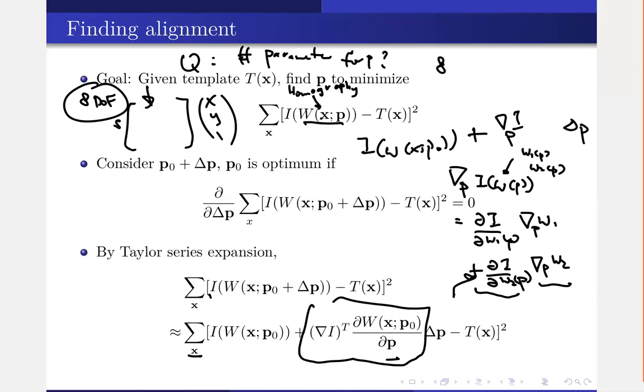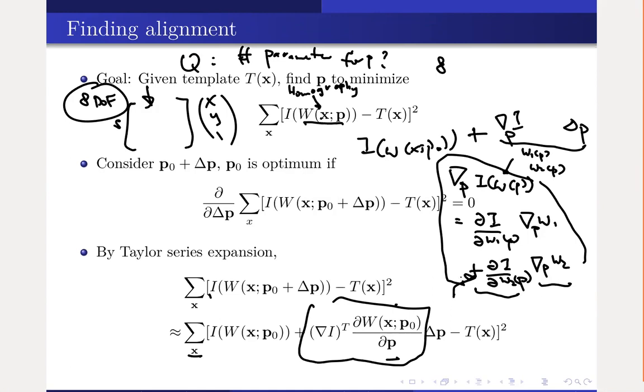I have the gradient of I with respect to P multiplied by delta P. Okay, so this term here should be this one here.